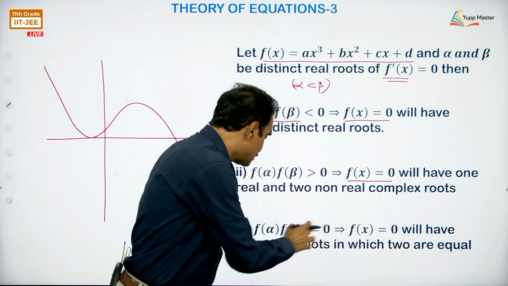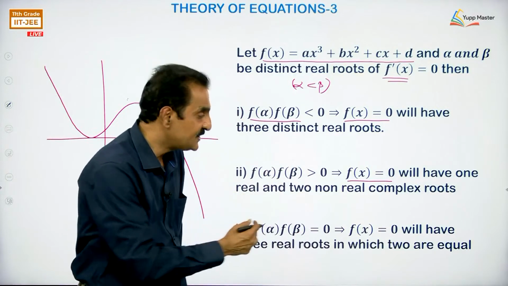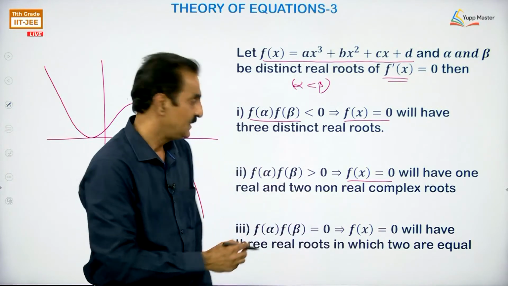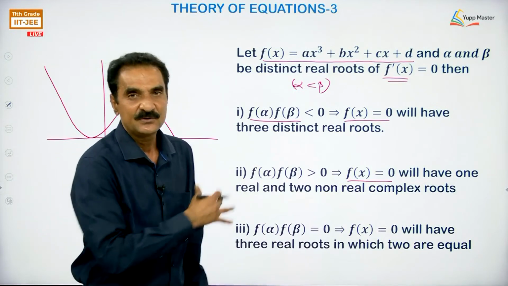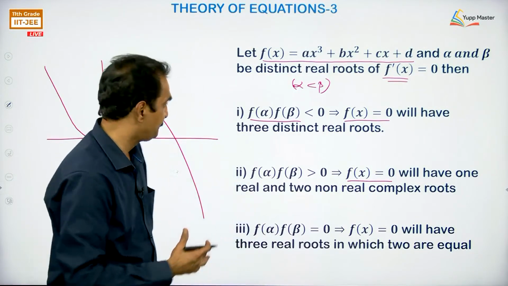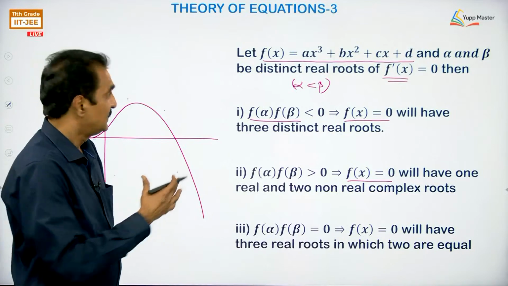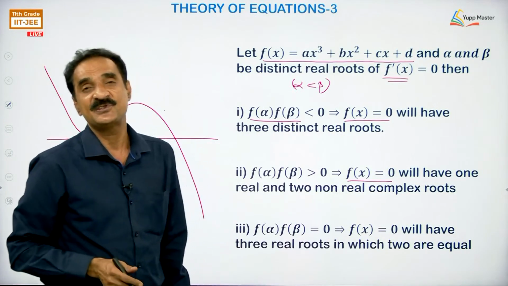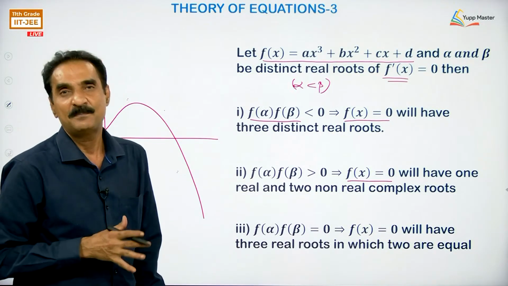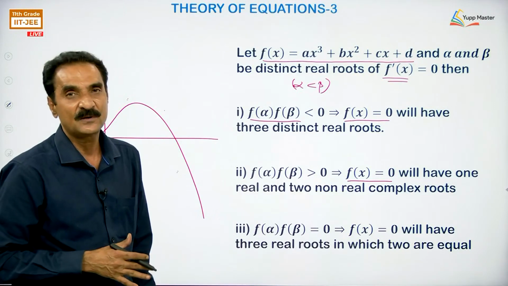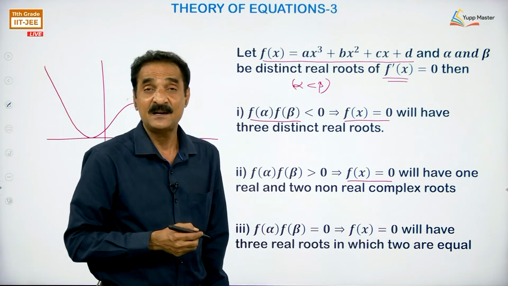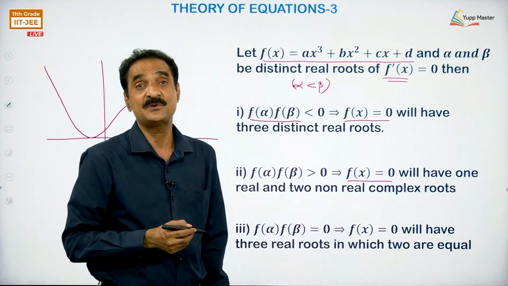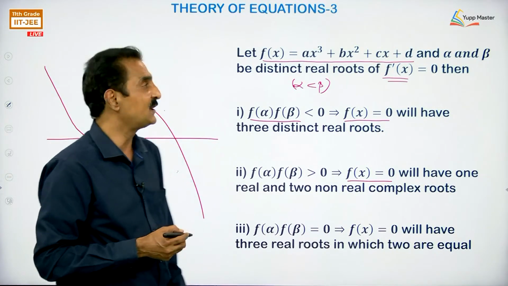F of x is equal to 0 will have 3 real roots in which 2 are equal, if the maximum value or minimum value is equal to 0. So these are the different conditions for different positions of the graph, so that you can know the exact number of real roots of the cubic equation. But this is only one case, when the equation f dash x is equal to 0 has 2 distinct real roots.